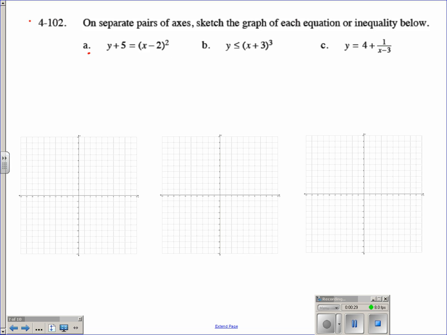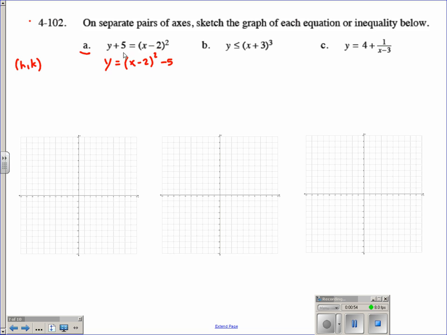Let's get started. In order to graph this, I should put this into graphing form. I know that if I isolate my y, I should have y = (x − 2)² − 5. My locator point is the point (h, k).